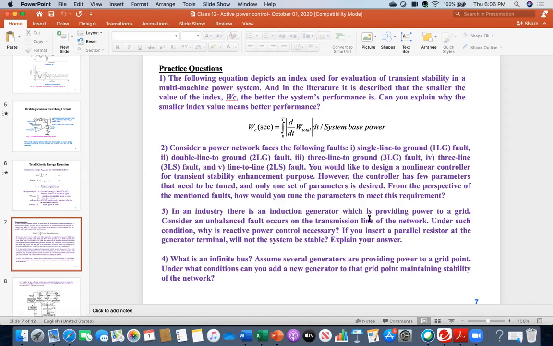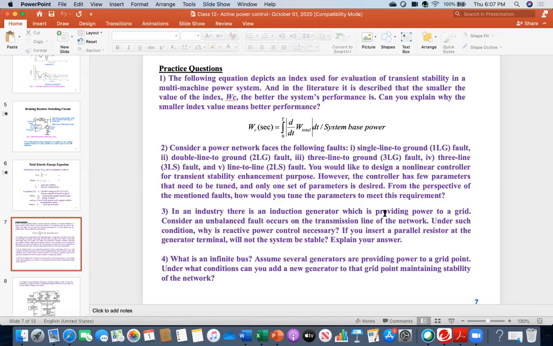Yes, Manas, go ahead. I think we already discussed this question before. We don't have AVR and other things in the induction generator. So there would be voltage collapse.